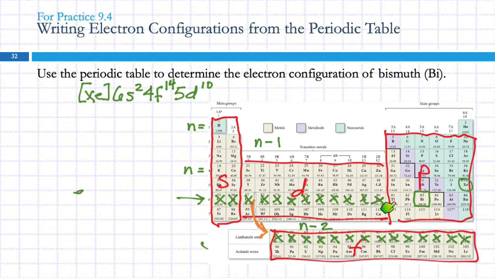We get over here. This is part of the main group, right? And this is part of the main group, and the numbers are just the numbers for the main group. The transition metals, it's n minus 1, and these guys down here, it's n minus 2. So now we're into P, and this is the same as the row number, so this is 6p, 1, 2, 3.